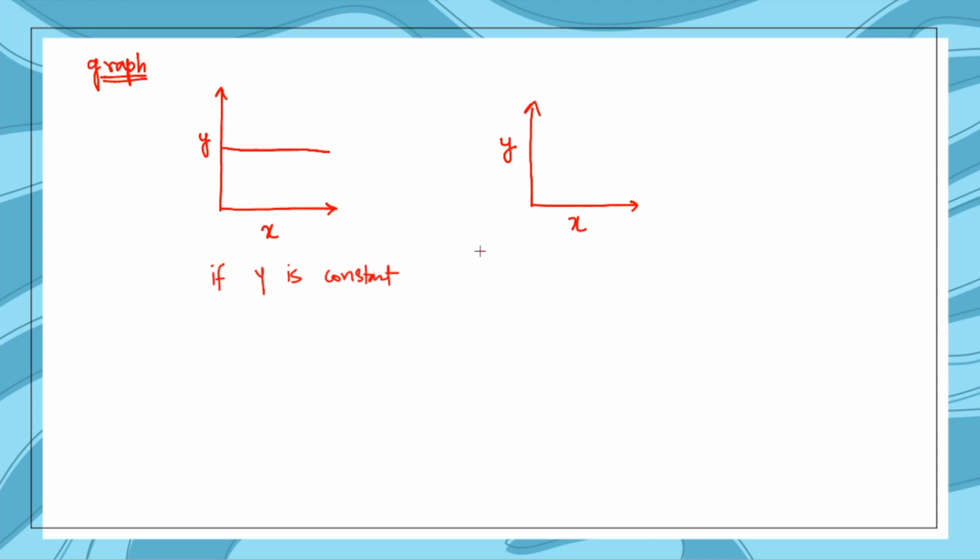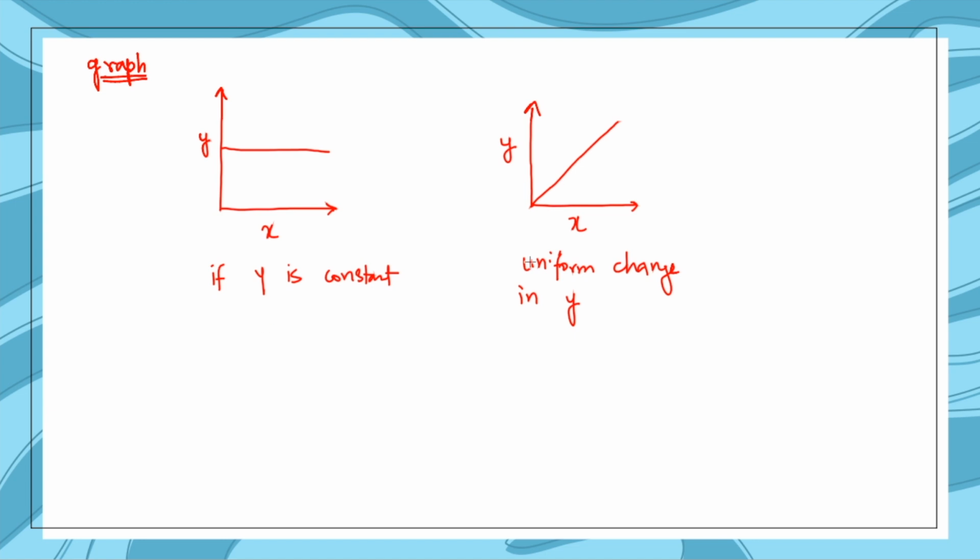Uniformly means with equal intervals of x, y also changes by equal intervals. A uniform change in y is represented by a straight line which passes through the origin, and it generally makes an angle of 45 degrees. This angle can be different, but what you have to look for is that it passes through the origin. A straight line passing through the origin shows a uniform change in y.